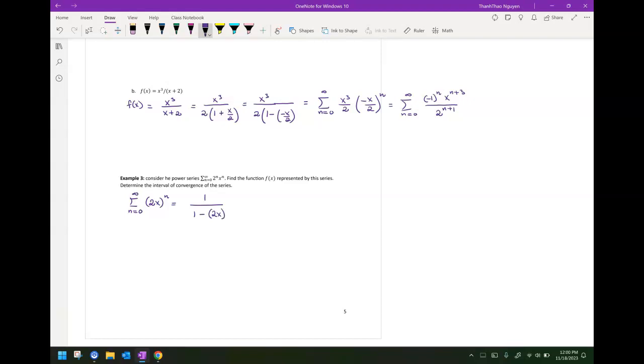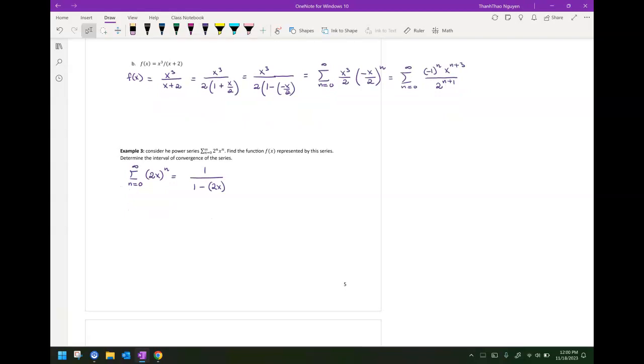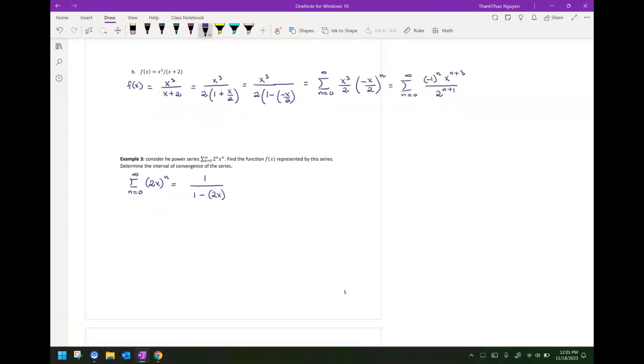Since this is a geometric series, it converges when the absolute value of 2x is less than 1. This means that it converges in the interval of negative a half to a half.